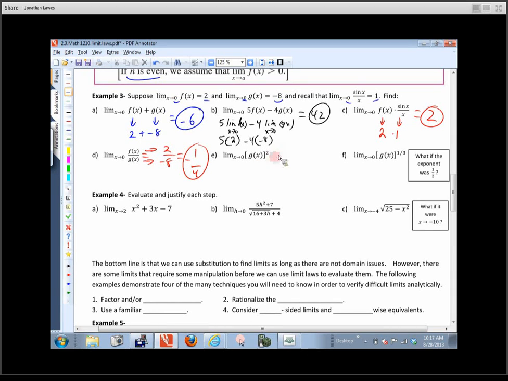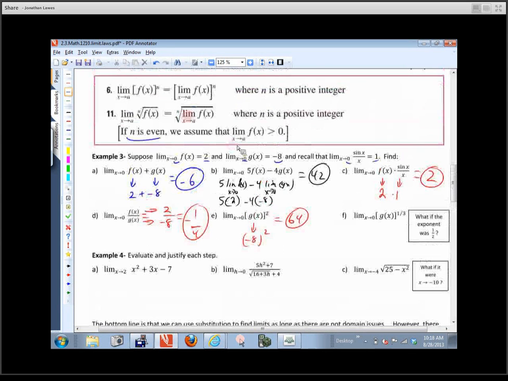How about this one? Okay, that approaches -8, and then we're going to square that. So we find the limit of the function, then we apply the exponent. So we're going to end up with 64 right there. And how about this one right here? Raised to the 1/3. Now, we didn't have a rule that said you could have, well, wait a minute. This said positive integer. We've raised it to a power, but what does that represent?